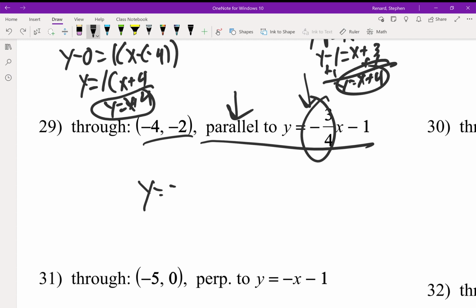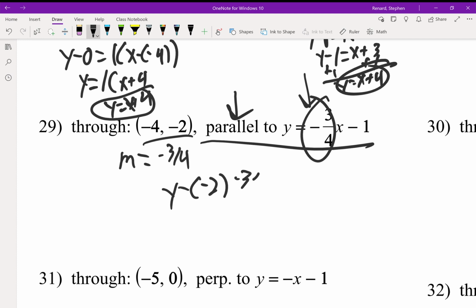I'm not sure what just happened there. But it goes through that point with that slope. Parallel lines have identical slopes. So really we know that the slope is negative 3/4. Now that we have a point and a slope, we can plug it into point slope.